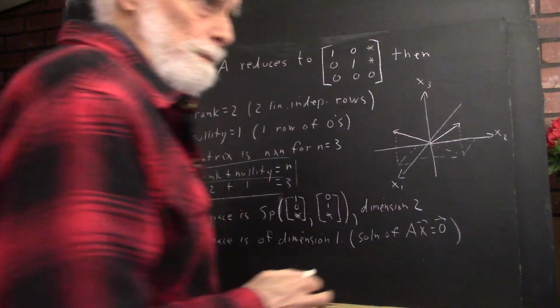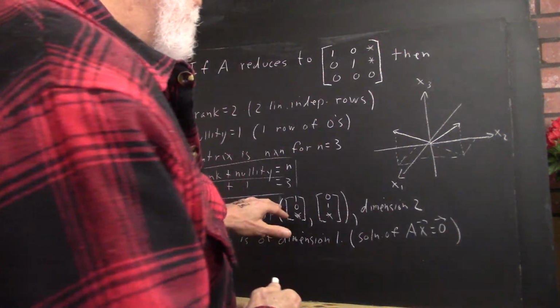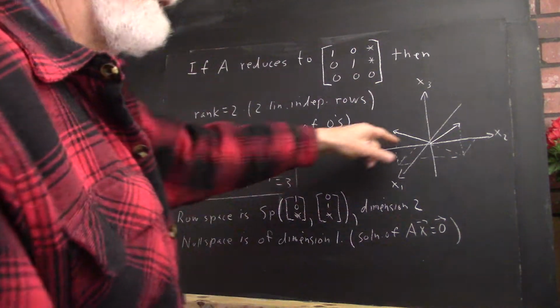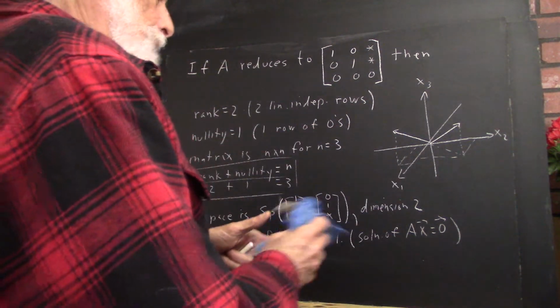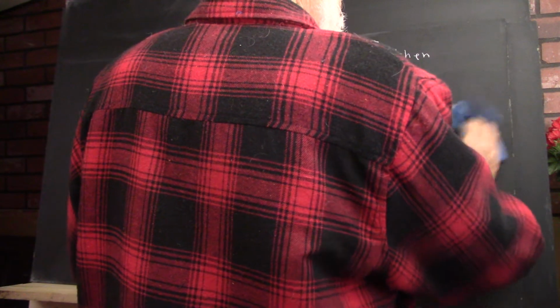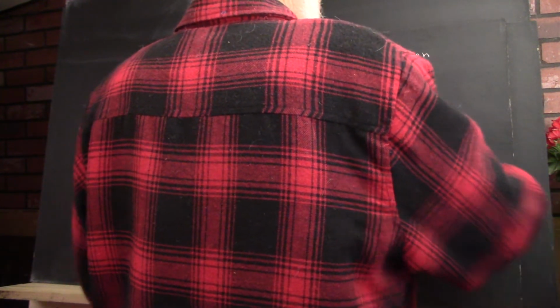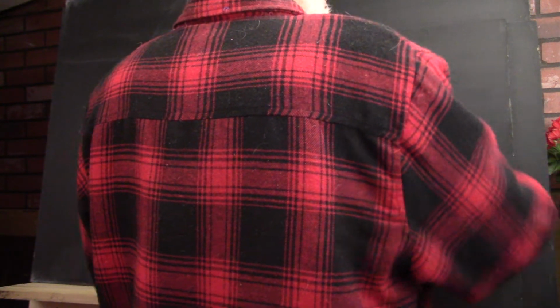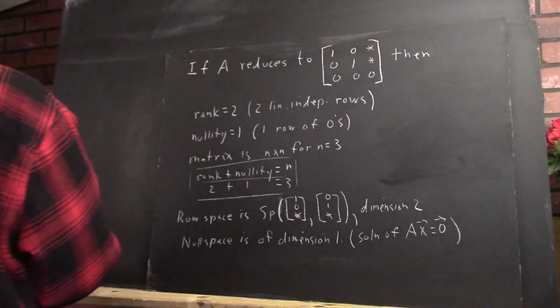I'd have done better to actually use this form of each vector. So yeah, it could look like this, but I'm going to destroy my picture here and draw something that's hopefully a better picture. Make it a little more obvious to you.